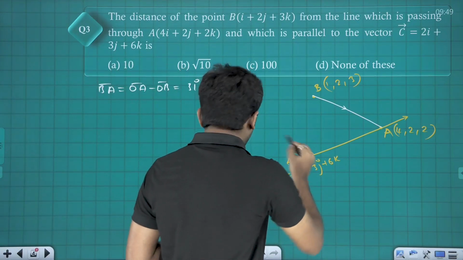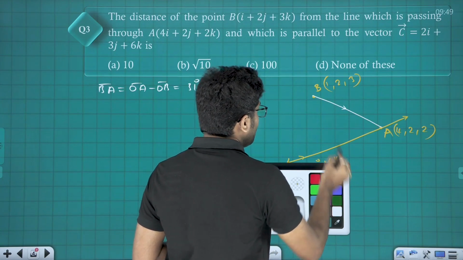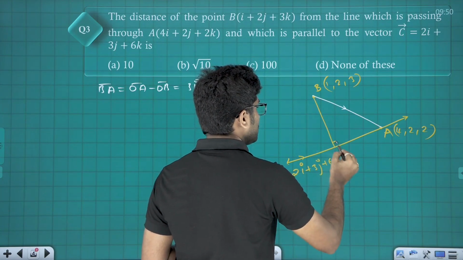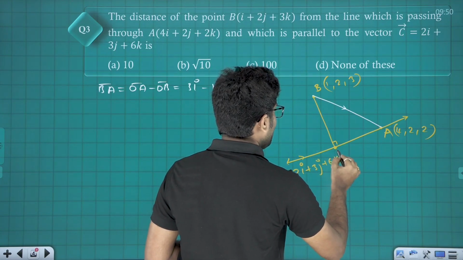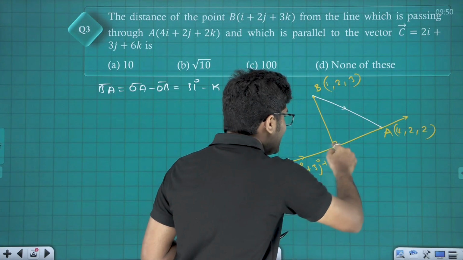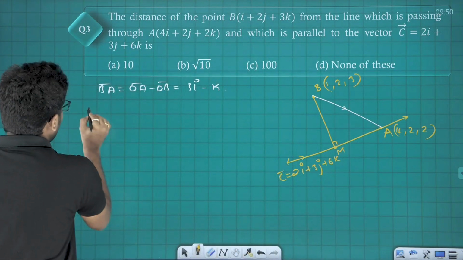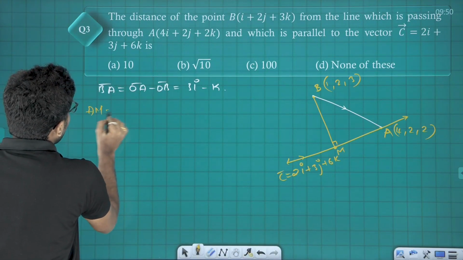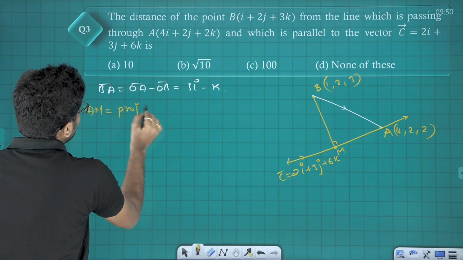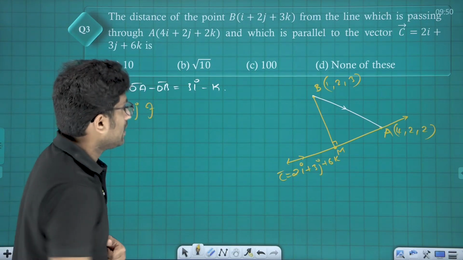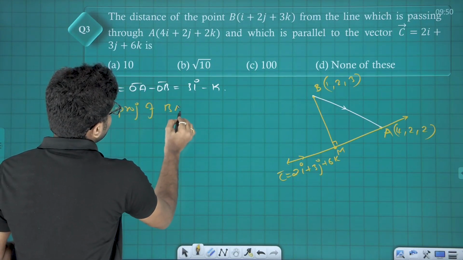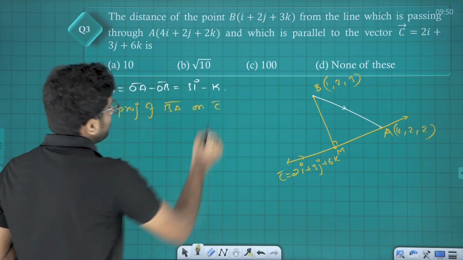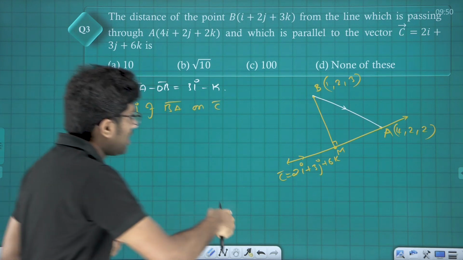Now if we draw a perpendicular from point B to this line, let's say this intersects at some M. So clearly AM is the projection of BA bar on C bar. Projection of BA bar on C bar is AM.